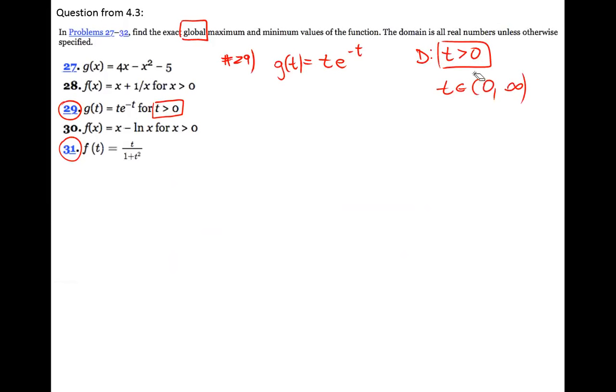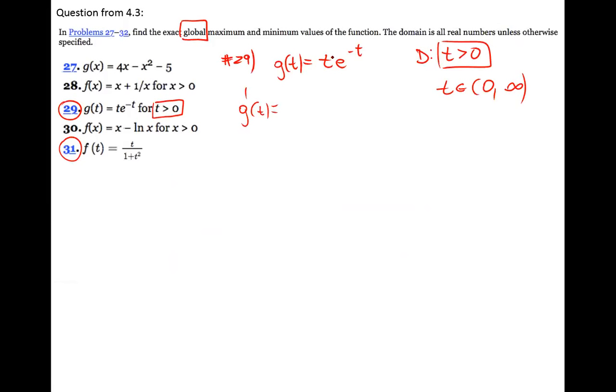That means I don't know exactly the situation at the endpoints, especially at infinity, right? But we can try to figure out. First of all, I will find the derivative, because I really like to see my critical points. They will tell me something.